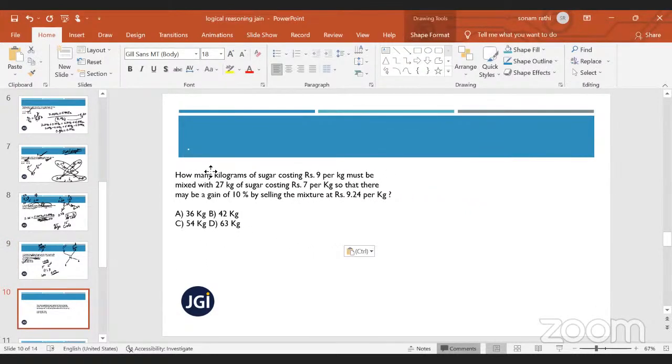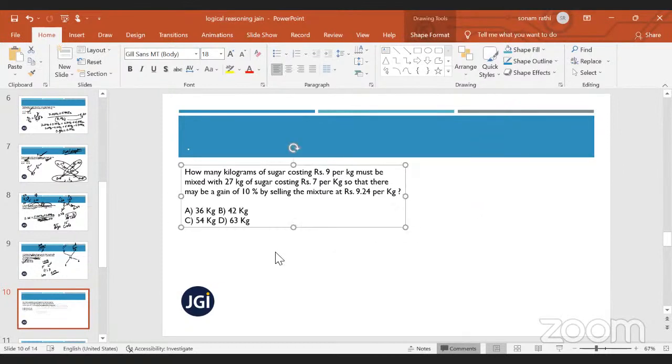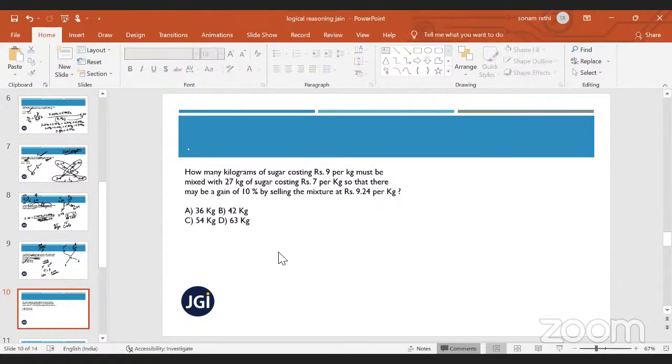Okay, this question has a little bit of profit and loss also. So we have already done profit and loss. So you have to apply allegation, but after doing profit and loss.